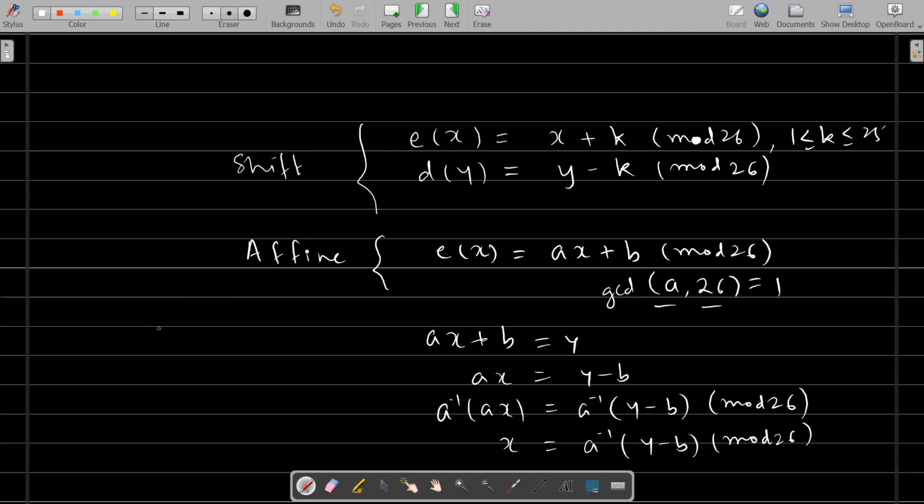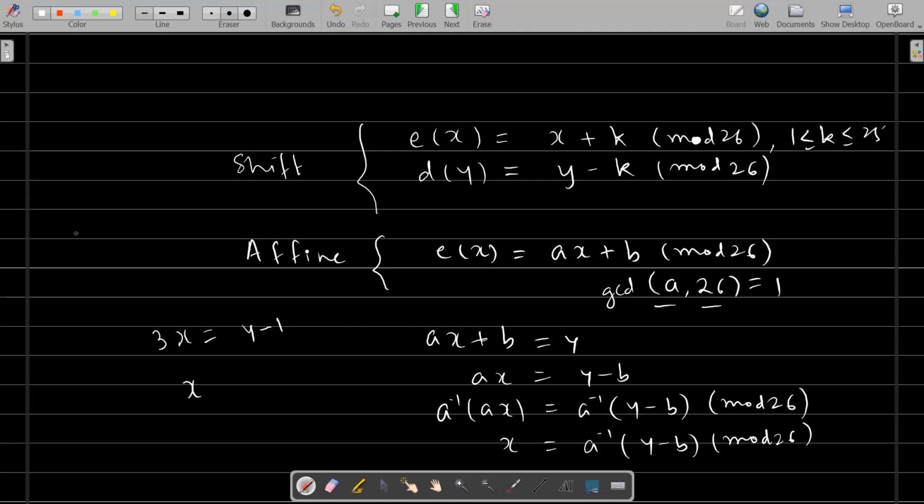For example, suppose I have 3x equal to something, say y minus 1. I want x, and I have remainders 0 to 25, and I'm working modulo 26. So I don't have something like 1 by 3. But what is the idea of 1 by 3? When I multiply with 3, the 3 and 3 cancel and we get 1.